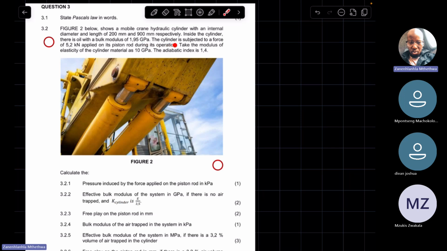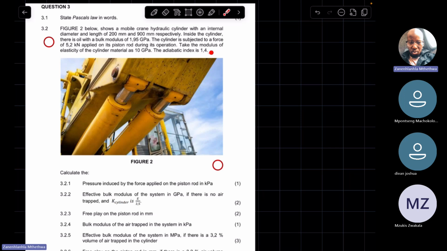The cylinder is subjected to a force of 5.2 kilonewtons applied on its piston rod during its operation. Take the modulus of elasticity of the cylinder material as 10 gigapascals. The adiabatic index is 1.4.